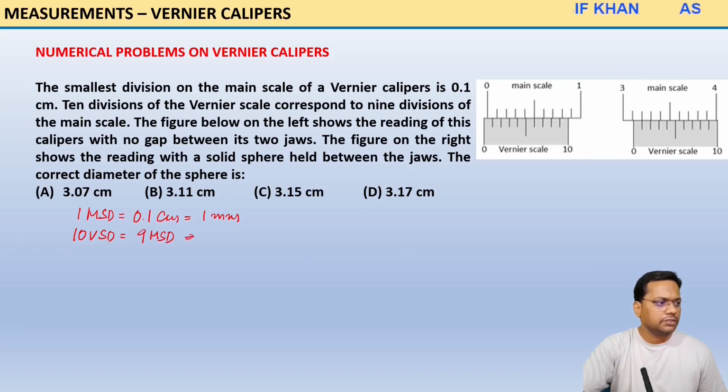So from this we can find out what is 1 VSD. 1 VSD is equal to 9 by 10 MSD. So 1 MSD is equal to 1 mm. Therefore, it is 0.9 mm is the value of 1 VSD.